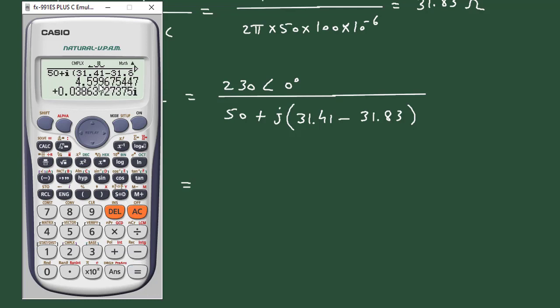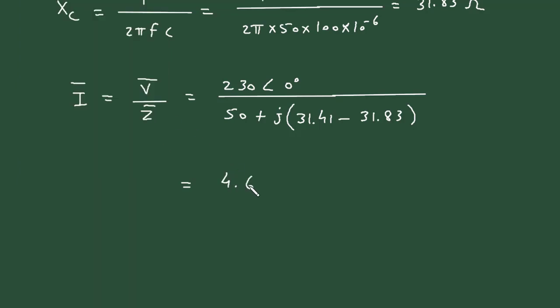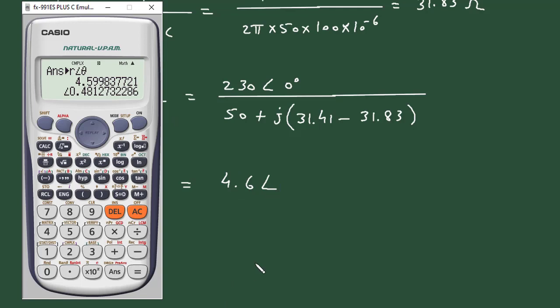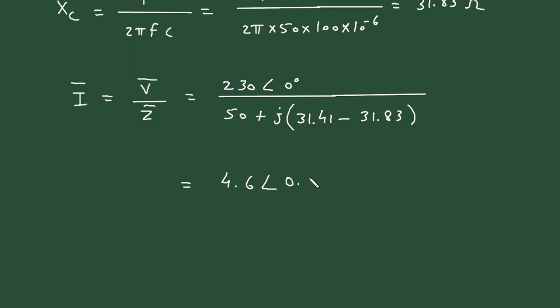Now this is in rectangular form. We can convert this into its equivalent polar form. So it will be shift 2 and then 3. So it is 4.599, that is 4.6 at an angle 0.481 degree, and since it is current, its unit will be ampere.